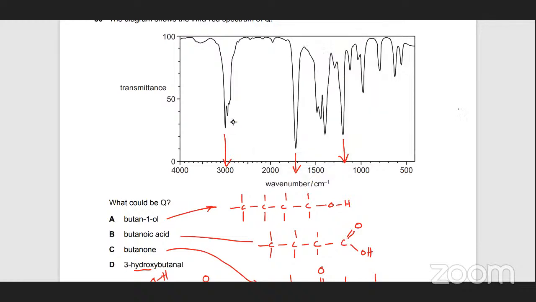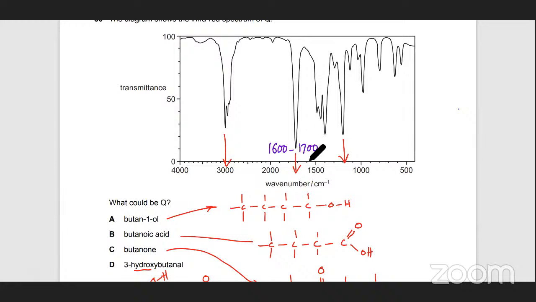Remember, you don't get a lot of information from the data booklet. There are a few bonds that are very uniquely identifiable. So remember, there's this absorption at 1600 to 1700. You're going to waste time in your MCQs if you even refer to the data booklet on this. Just memorize this.